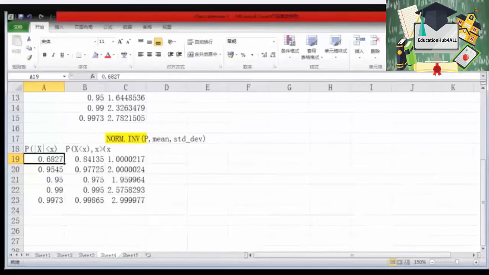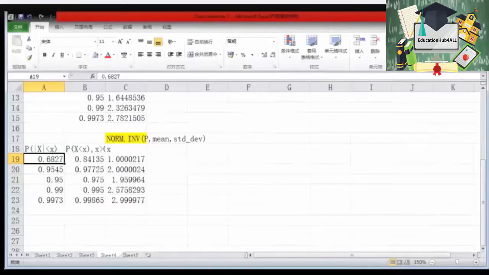How can we find the area here? Let's say this is some alpha. If I know this area is 0.6827, what's the area of this other area? How do we find it?